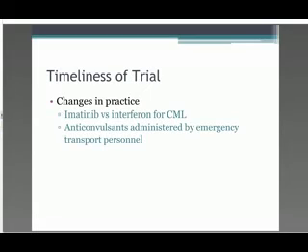We've had the experience testing lorazepam against diazepam for children in status epilepticus. However, right smack in the middle of the trial, the emergency transport personnel started administering that class of drugs, the benzodiazepines, in the ambulance, and that took out a lot of patients that we could have normally enrolled because they were getting pretreated.